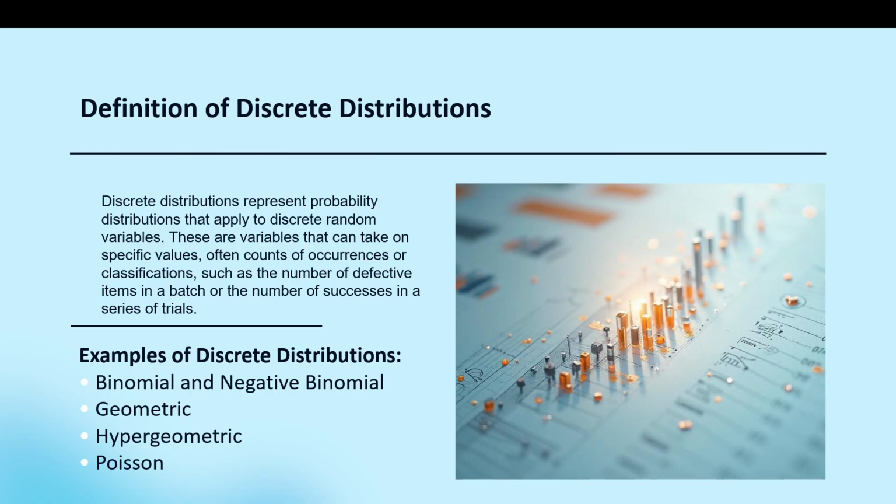Common discrete distributions are binomial and negative binomial, which is basically success or failure trials. We also have geometric, hypergeometric, and Poisson. For example, geometric is the time until the first success, or Poisson is events in fixed intervals, like call center traffic. These are foundational for quality control, risk assessment, and many more.